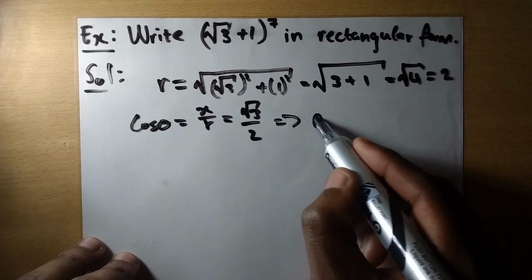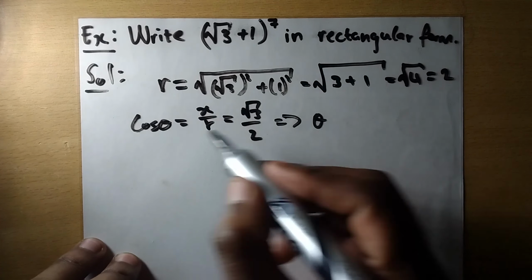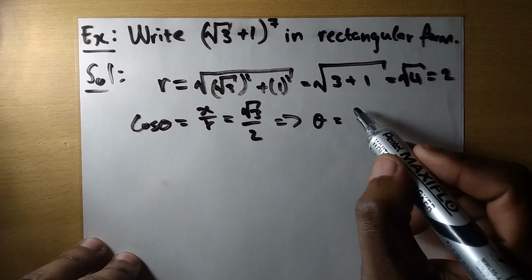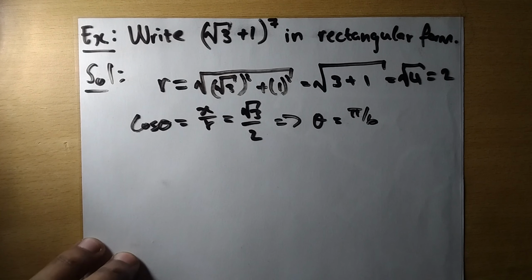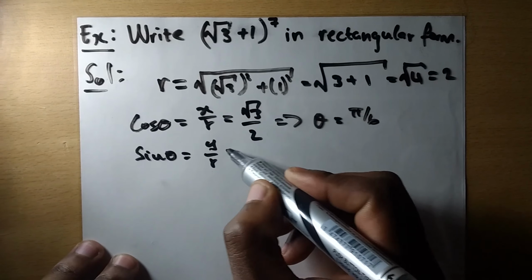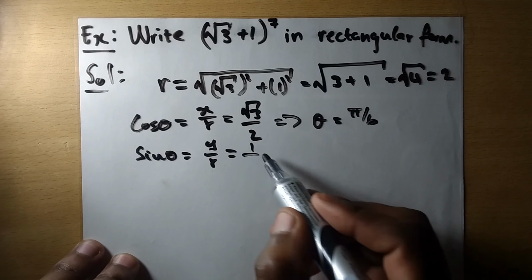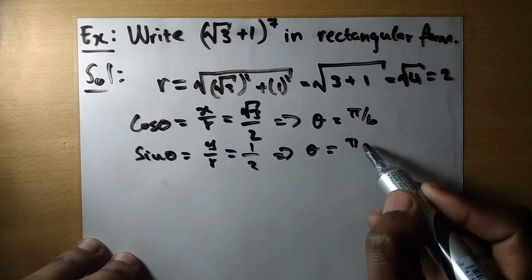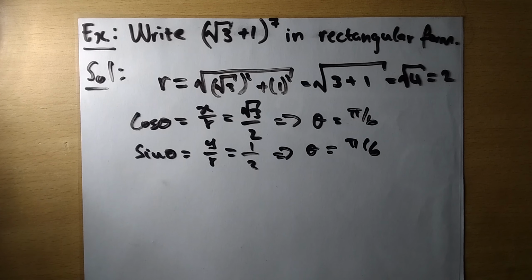In this case we can find our theta by taking arccos of that, where our theta will be just pi over 6. It's a special angle. Let's see what happens with sine of theta, which is y over r. So y is given by 1 over 2, and our theta is equal to pi over 6. This is a beautiful, easy example.